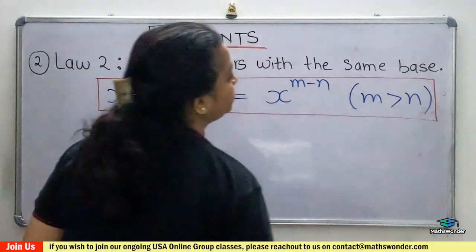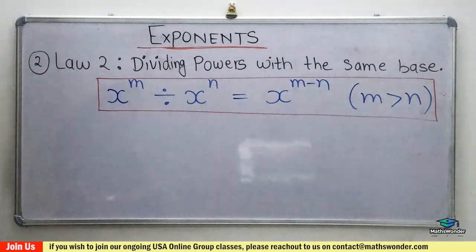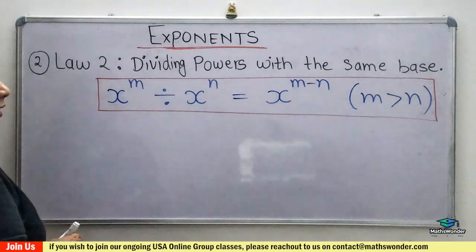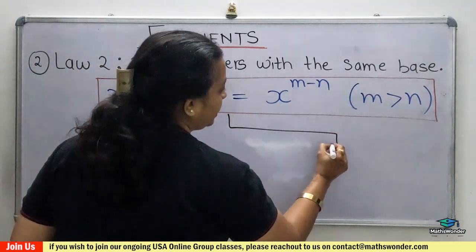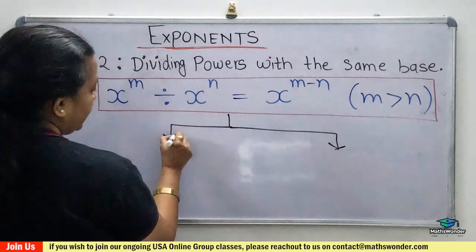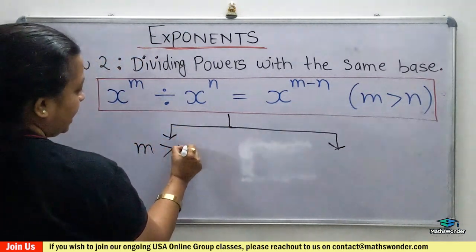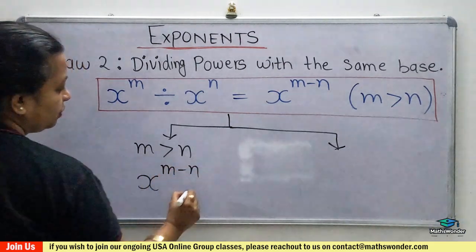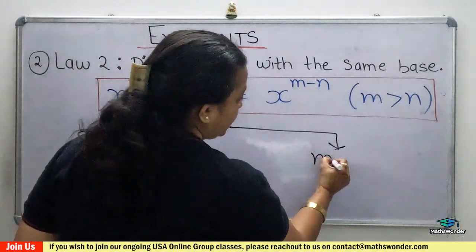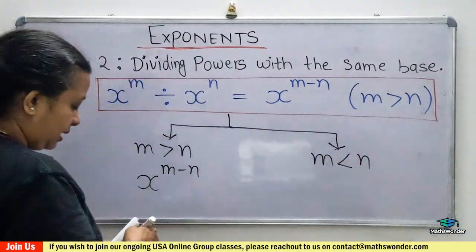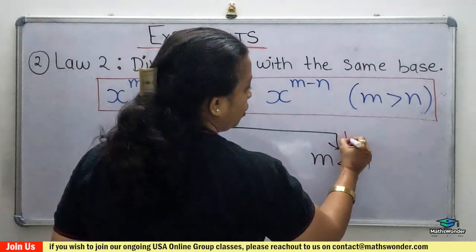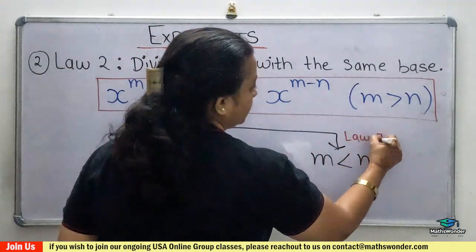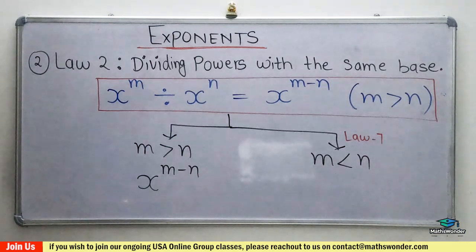If m is greater than n, then you will use x raised to the power m minus n. But if m is less than n, this I will explain in law number 7, so you can see it there in detail.